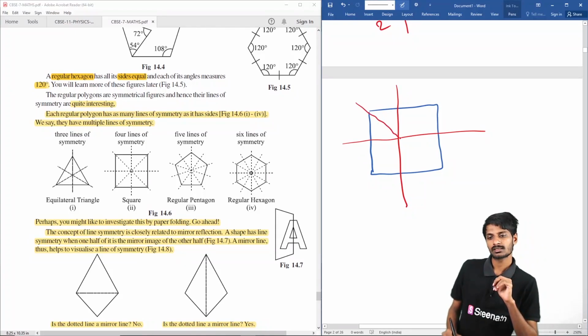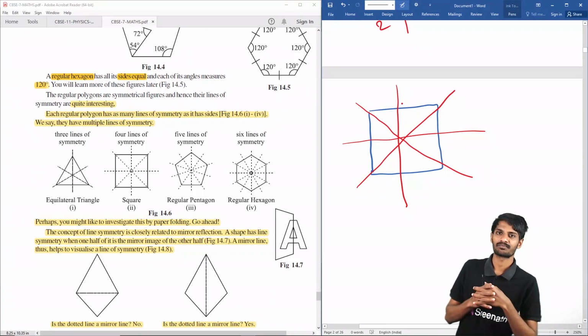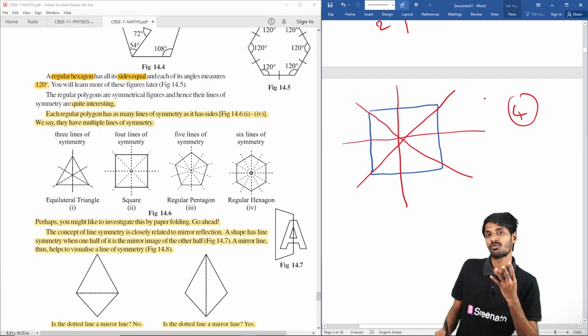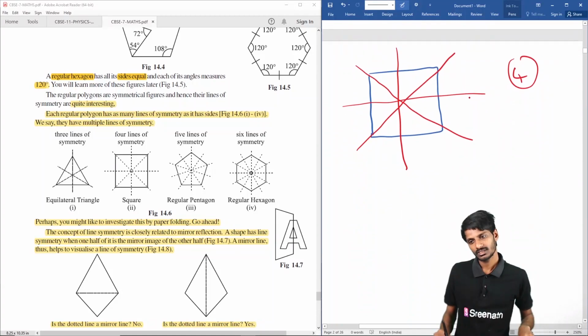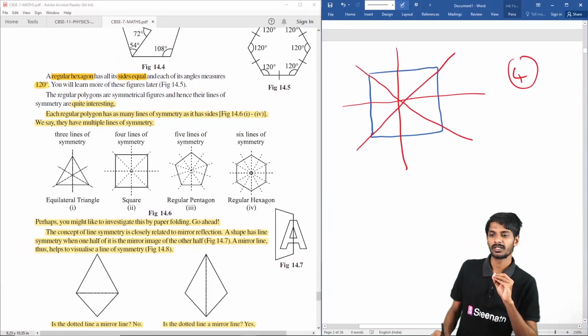And around this diagonal, again we can get symmetrical lines. Here we are having 4 lines of symmetry. Here, the triangle, we are having 3 lines of symmetry. Here we are having 4 lines of symmetry. Okay, students. So that is the case happening here.